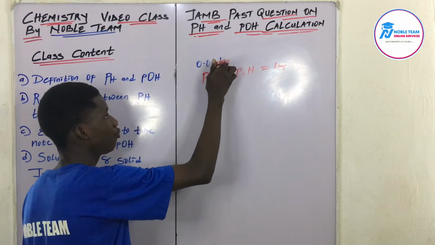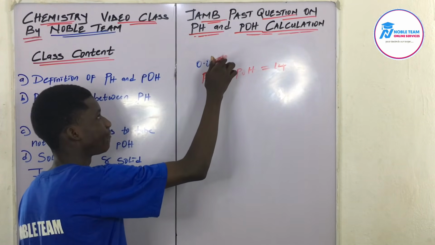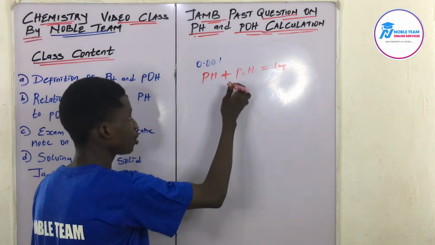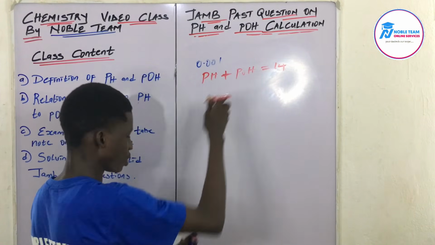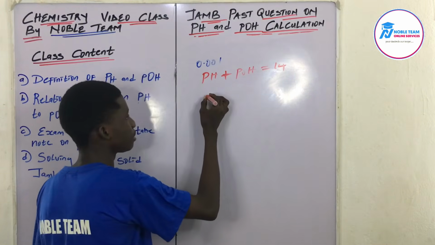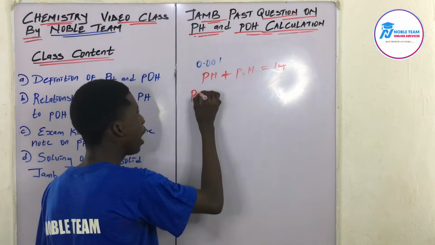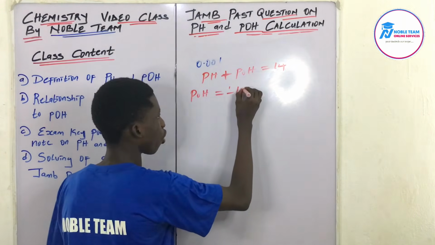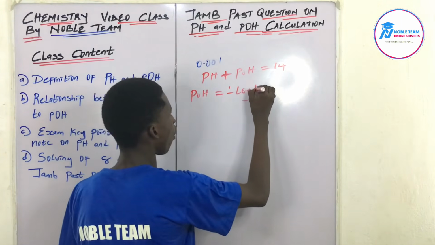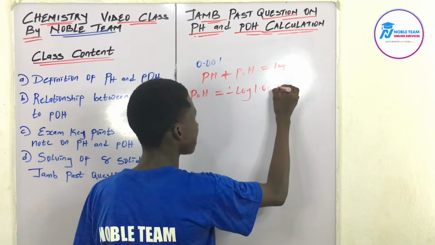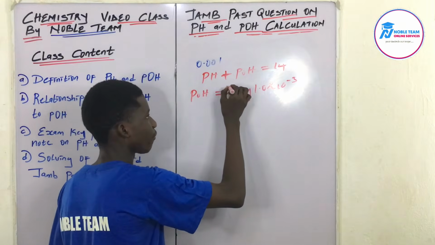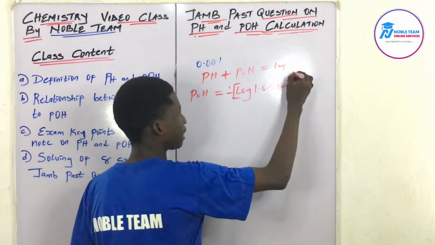Now before I move on, I need to get the value of this guy first. I'm going to get the value of this pOH because it is sodium hydroxide. The pOH is now going to be pOH is equal to minus log of 1.0 times 10 raised to power minus 3. So this is converting it to a standard form.